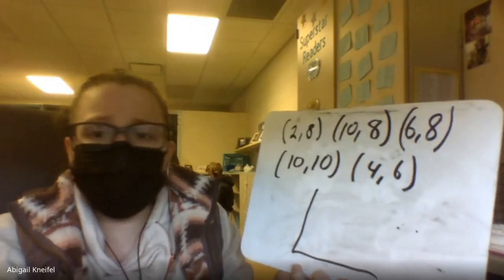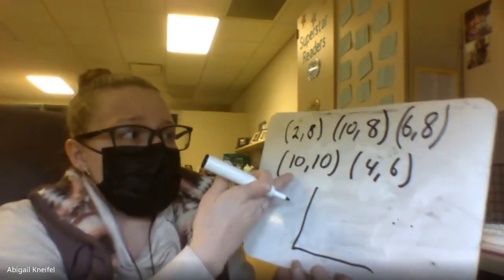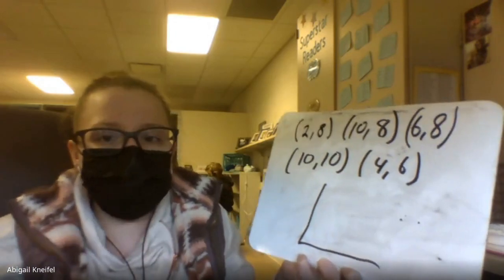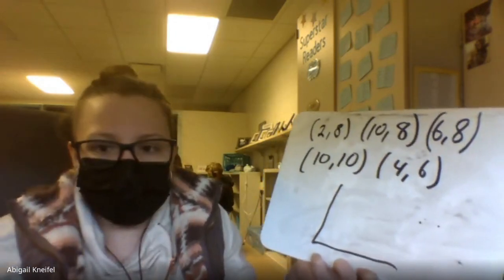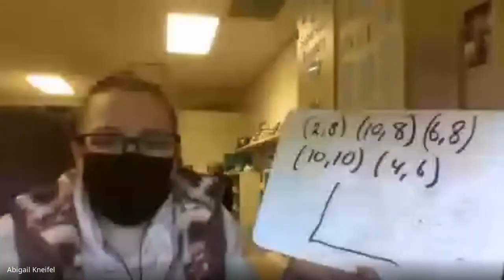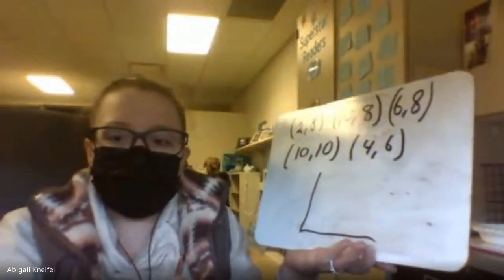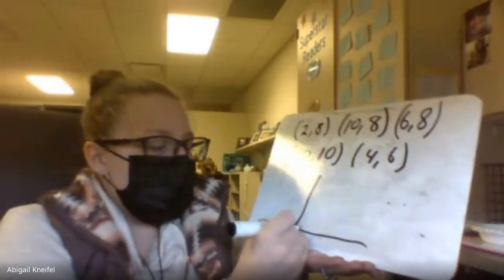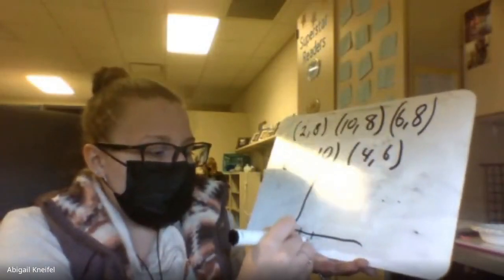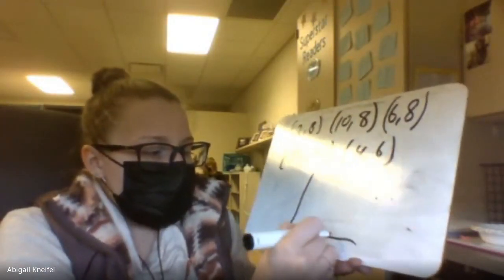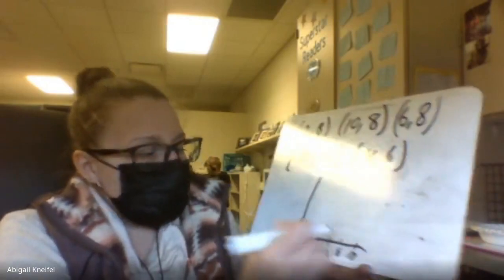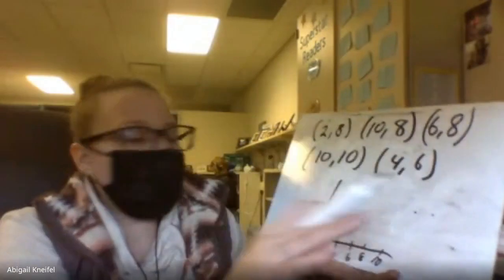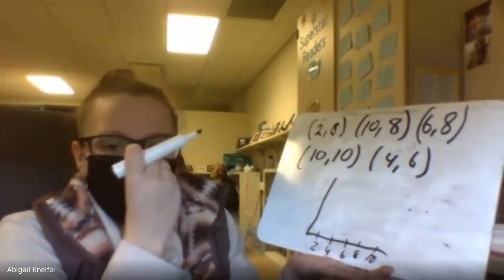I definitely don't want to count by tens because there's nothing higher than 10. Rochelle and Mia both said 2. Give me a thumbs up if you agree with Rochelle, Mia, and Haley. I definitely think we could count by twos. We could do 2, 4, 6, 8, 10, and that would cover 2, 10, 6, 10, 4. Perfect. All my x values can land right on a line.